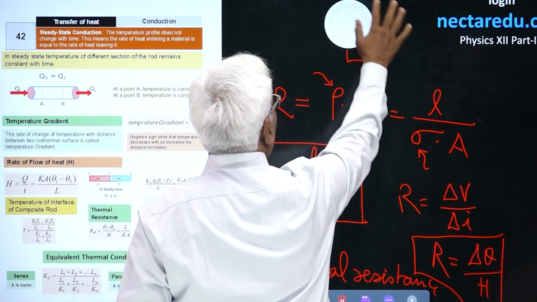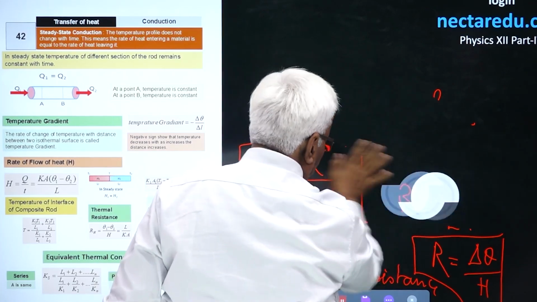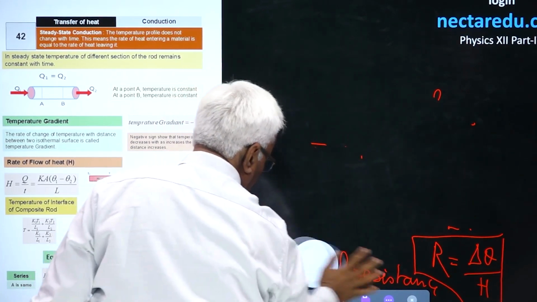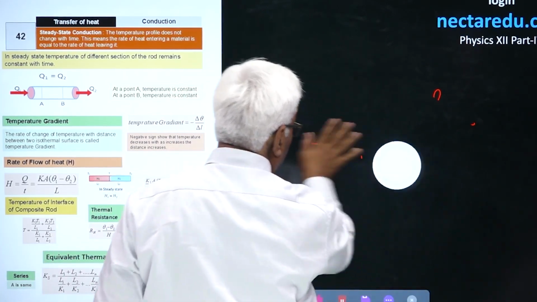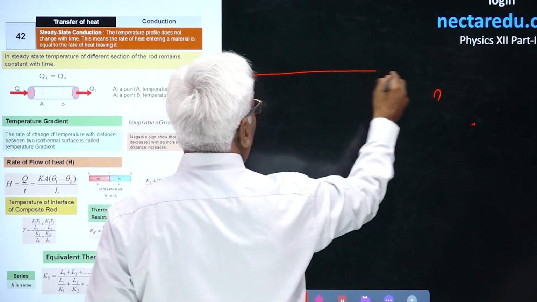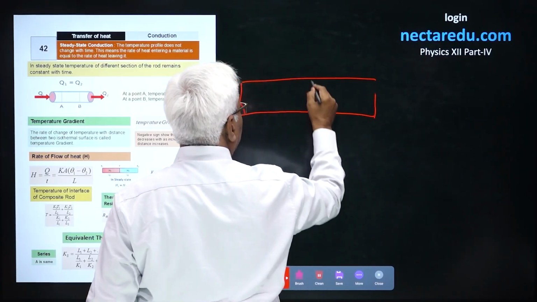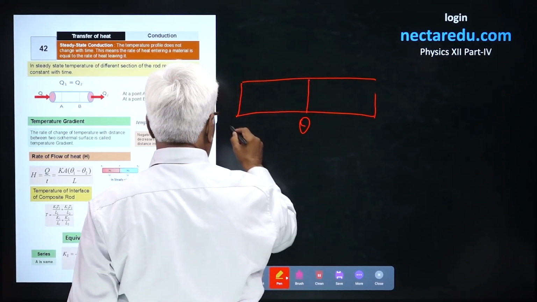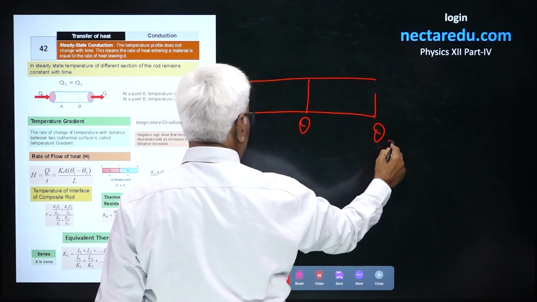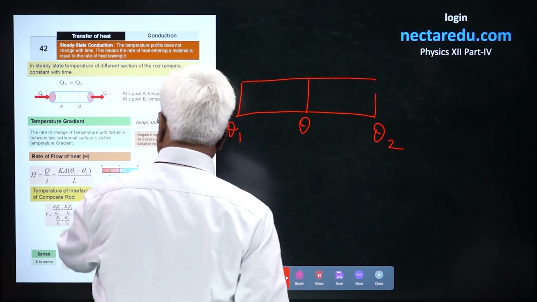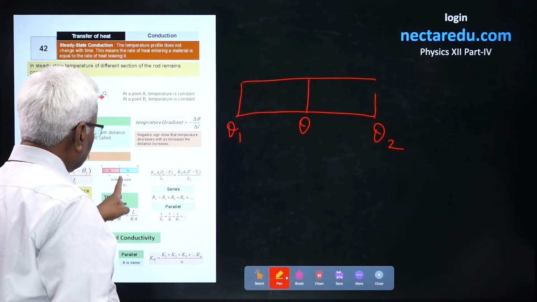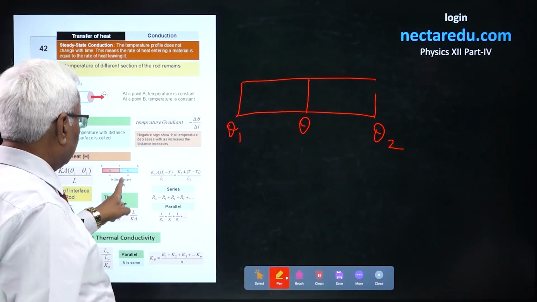And finally, now we'll try to define the temperature of interface when two conductors are joined together. You see, suppose two conductors having temperature theta 1, theta 2 this way. This is given here. You see T1, T2. The interface of the common phase.